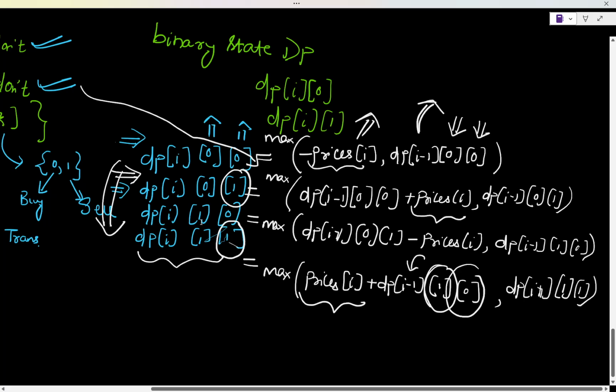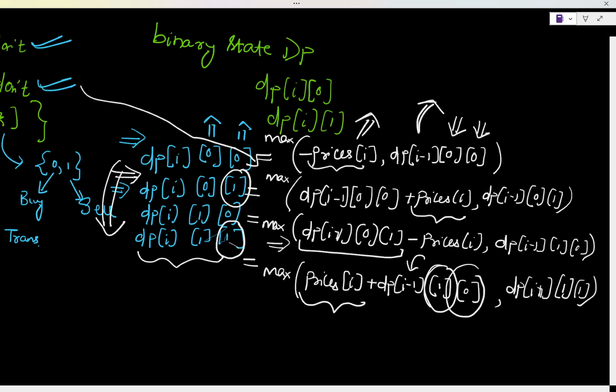That is, if it is the second transaction buy, either you buy at the given index, and since you are buying for the second transaction, the first transaction sell must have been completed. That is being ensured by this particular condition. Please pay additional attention here that by doing this, we are enforcing that when we are doing a second transaction purchase, second transaction buy, you must have finished the first transaction sell.